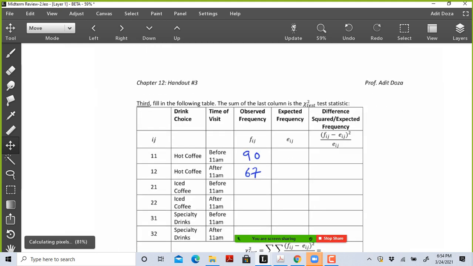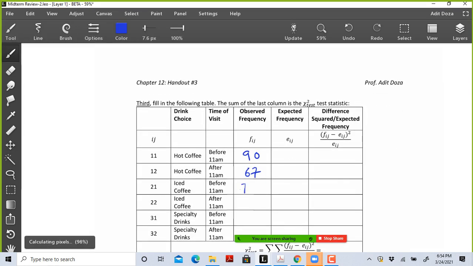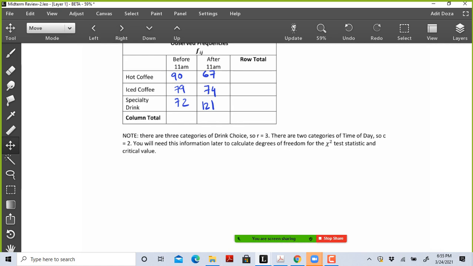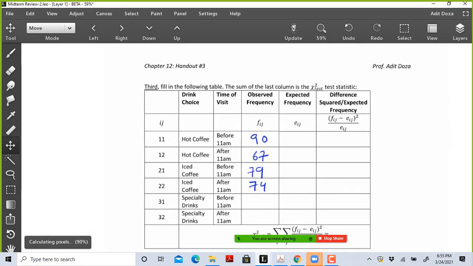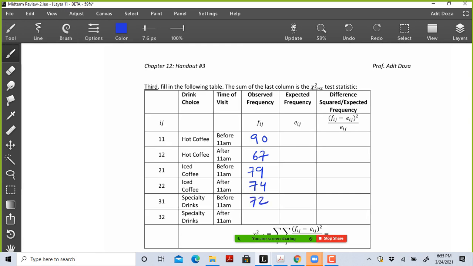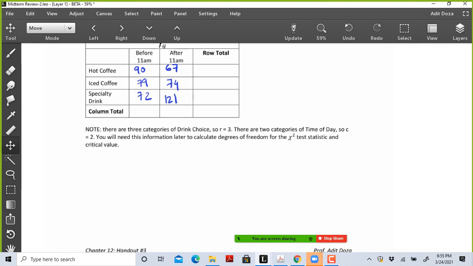So 79 iced coffee is before and after is 74. What about the other one? 72 and 121 specialty drink. So specialty drink before 11 is 72 people ordered and after, 121. Okay, so why did we do this?